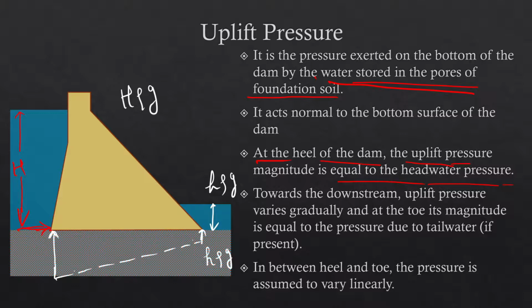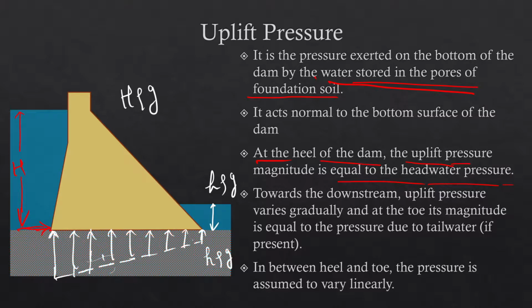In terms of the dam, this direction is actually its width, so per unit width of the dam, the same amount of pressure is dropped. Assuming this linear variation, you can calculate the pressure at any point, and that way we have this kind of pressure distribution acting at the bottom of the dam.